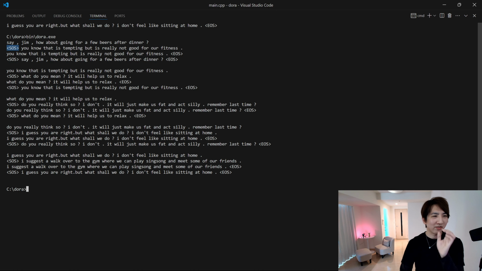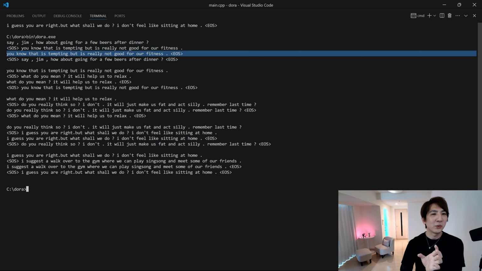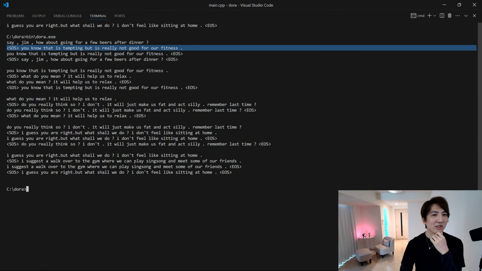Also, for the input for the decoder, the sentences are shifted right, whereas the output for the decoder is shifted left. As you can see, this one is missing SOS, and this one is missing EOS at the end, because they are shifted right and left.